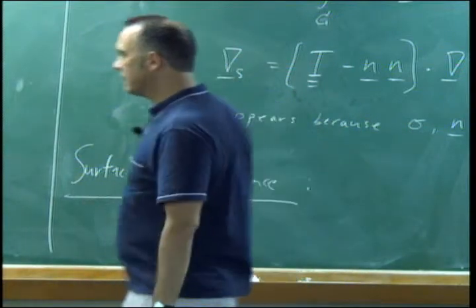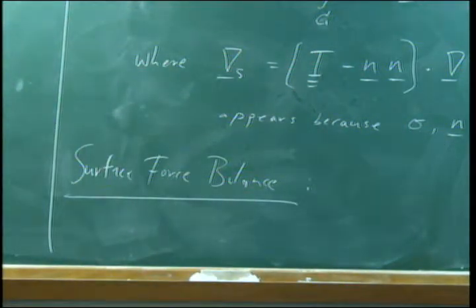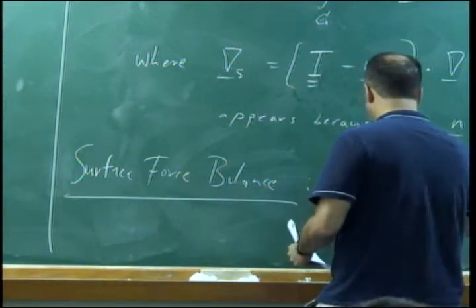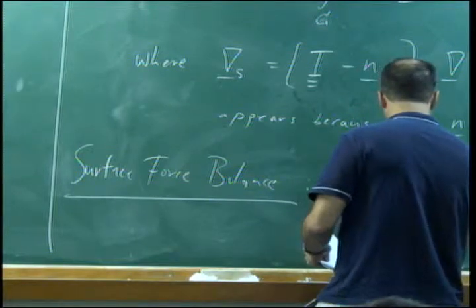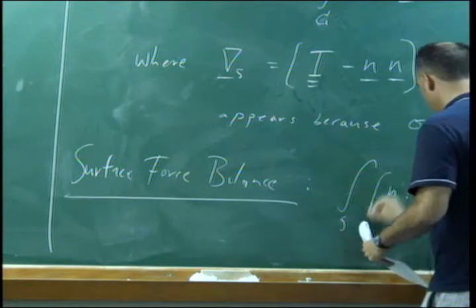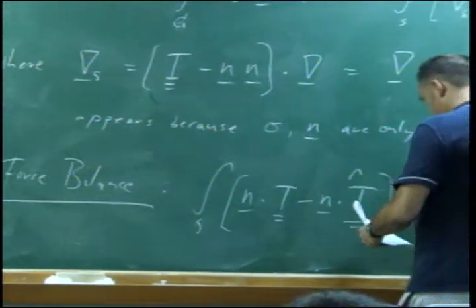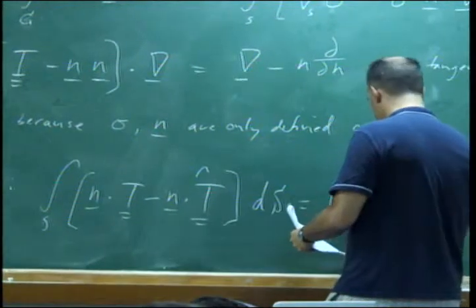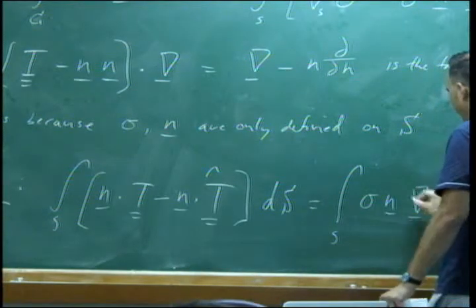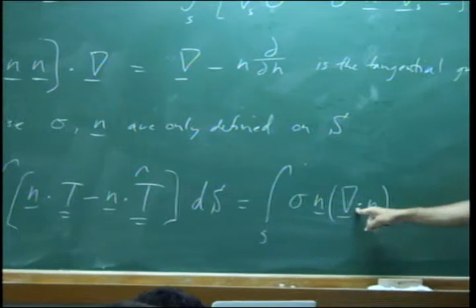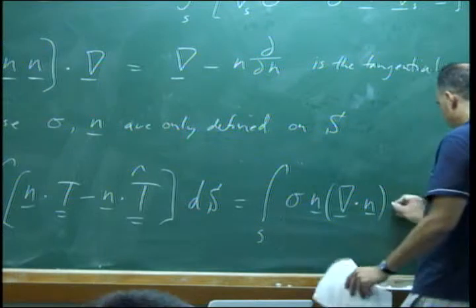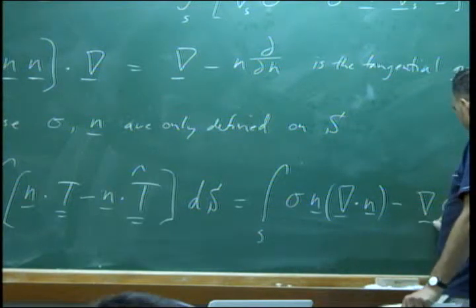So again, by turning this into a surface integral, we can express this whole statement now. Henceforth in the course I'll just drop the subscript S, but it's understood that if you see divergence of the normal, I'm actually talking about the surface gradient operator, ditto for gradient of surface tension.